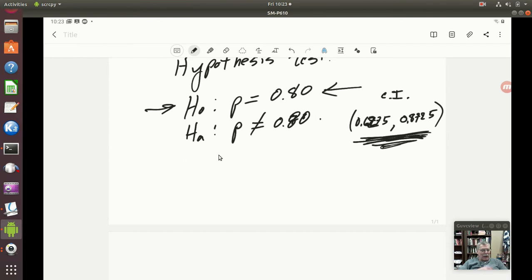So I will not be surprised when we get a very high p-value. Okay, so here is our hypothesis test we're going to run, and then we're going to look at how we calculate a p-value for it.